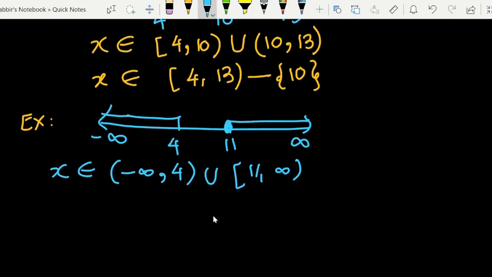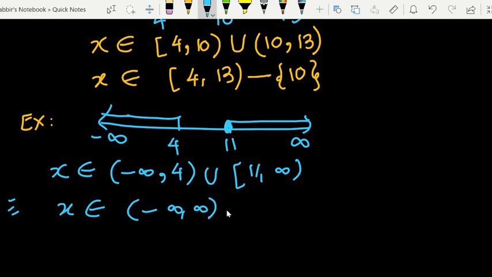So there is one more way of writing it in the form of an interval using minus. We will write minus infinity to plus infinity. We take the full line, but we need to exclude the values from 4 to 11, which are not part of the solution.